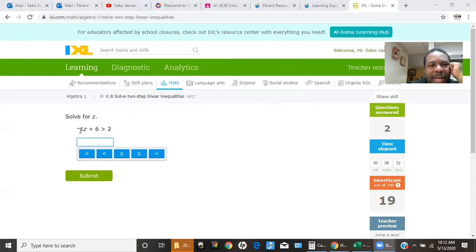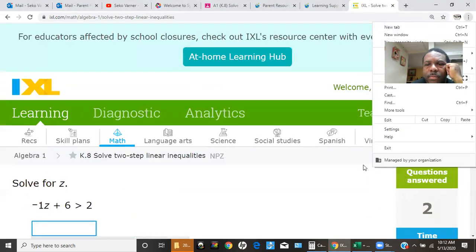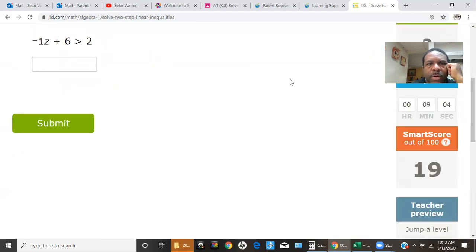So that's -z plus 6 is greater than 2. All right, so I'm going to rewrite it on my paper. This is the way that I'm rewriting it.